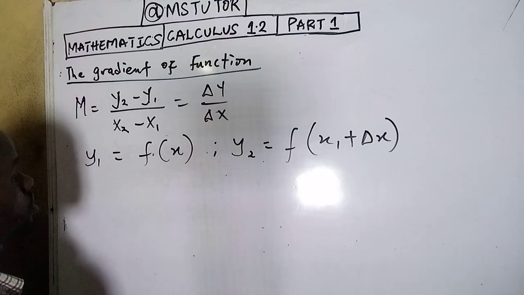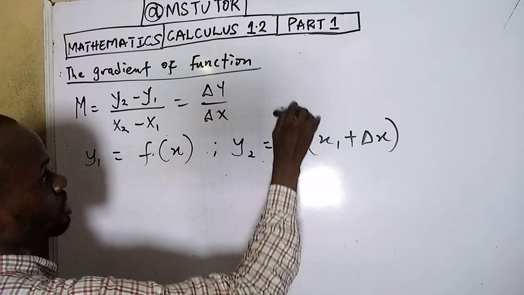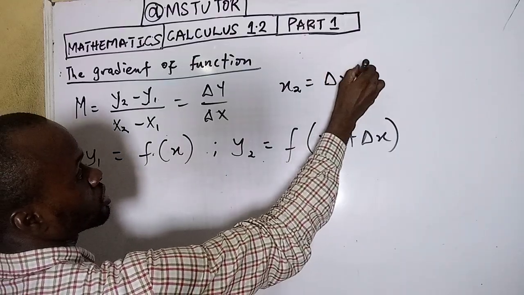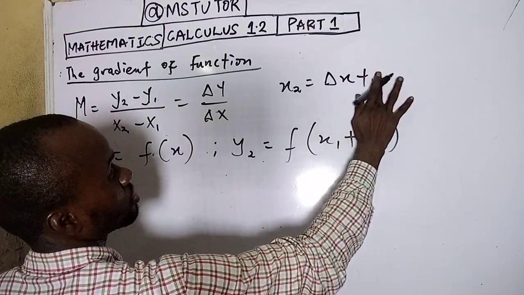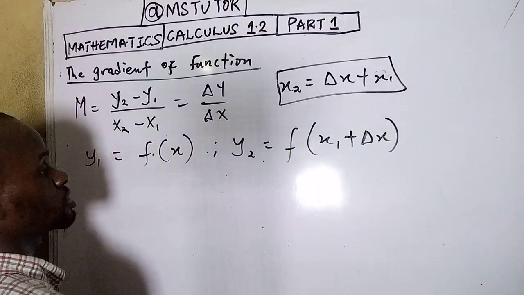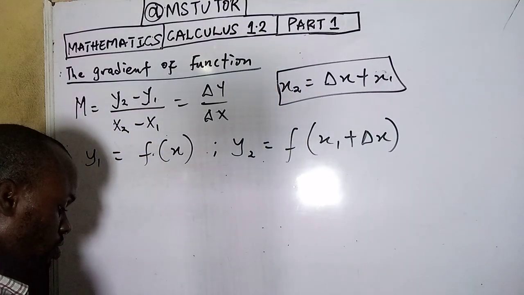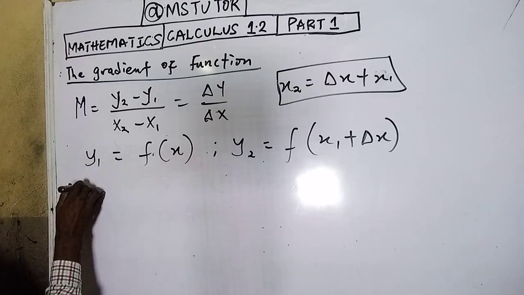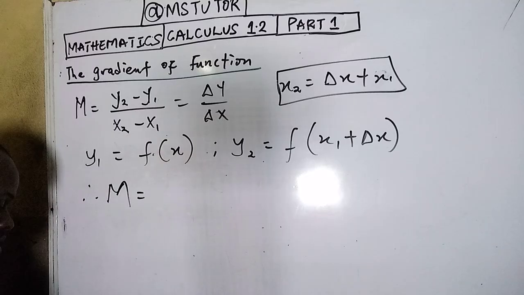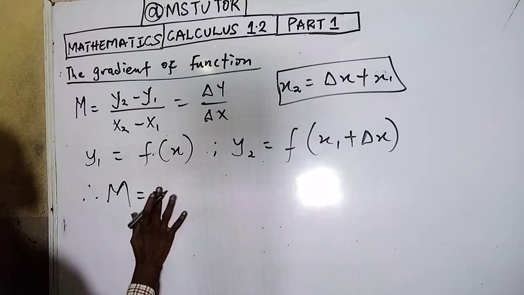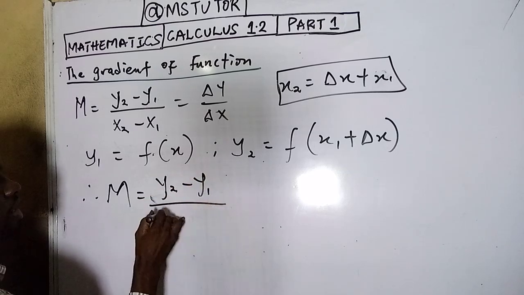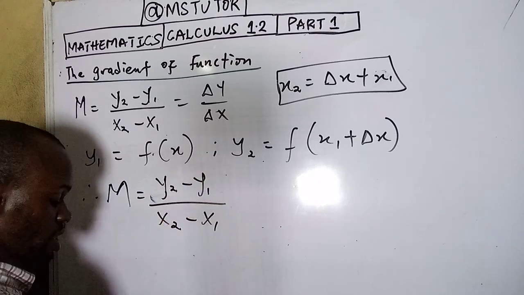I'm sure we can recall that these are our x2, then the change in x with x1 from the expression that we derived earlier. So from here, what does this imply? You can then see that our change, that is the gradient, then equals y2 minus y1 over x2 minus x1.